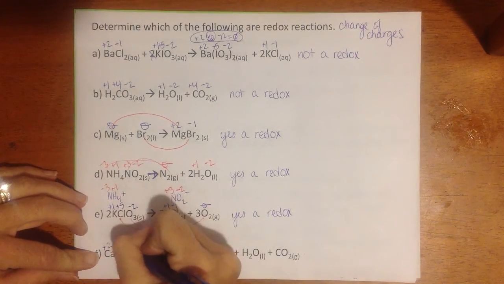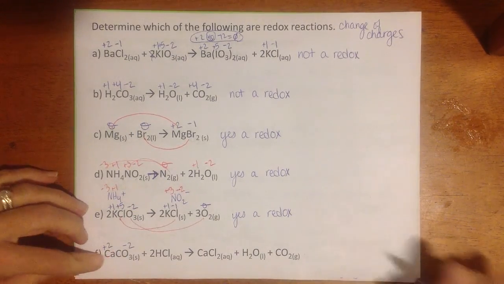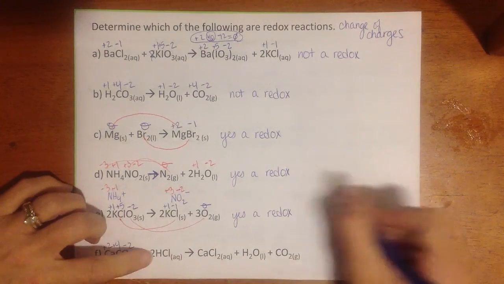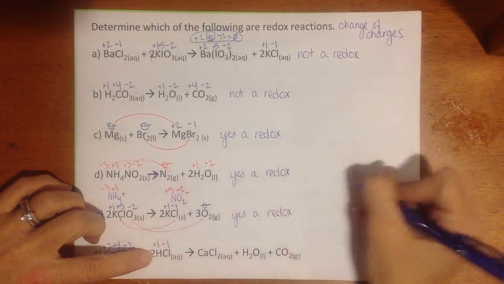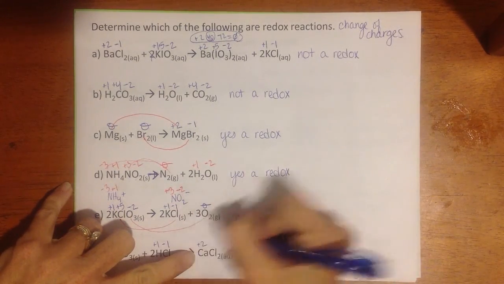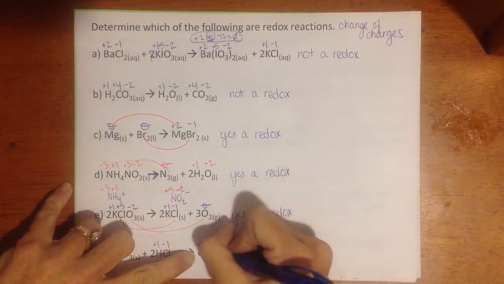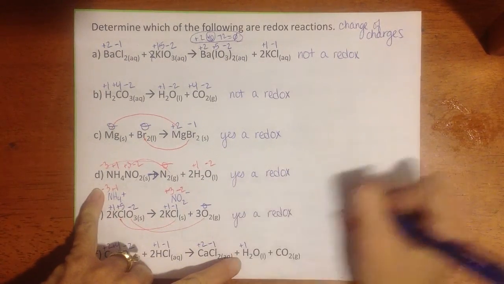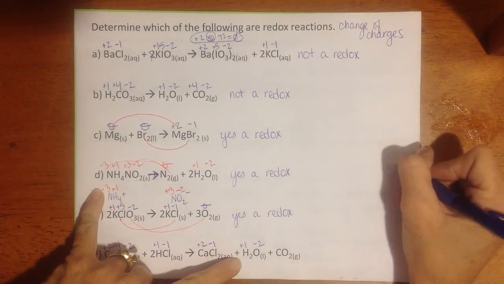Calcium's a clear ion. Oxygen must be -2. Carbon's going to fill the gap. H has to be +1. Chlorine fills the gap. Calcium's an obvious ionic charge. Chlorine fills the gap. Hydrogen's a +1.